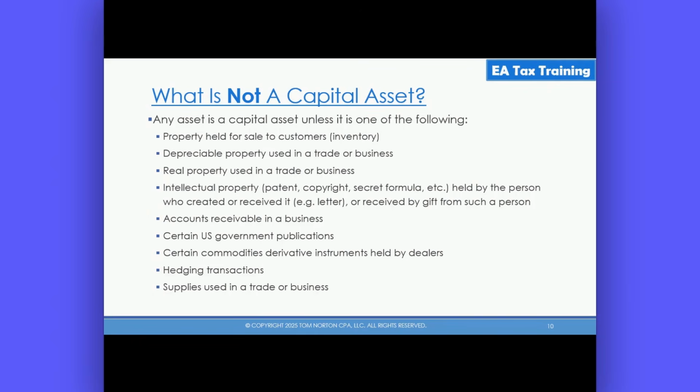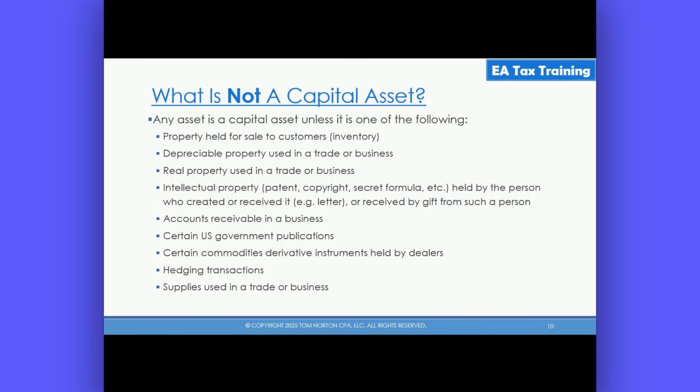Real property used in a trade or business. And the reason that's separated is because, remember, land is a type of real property and it is not depreciable. So it would not automatically be included in the prior category of depreciable property used in a trade or business. So it's separated out. So whether it is depreciable property or real property, if it's used in a trade or business, not a capital asset.